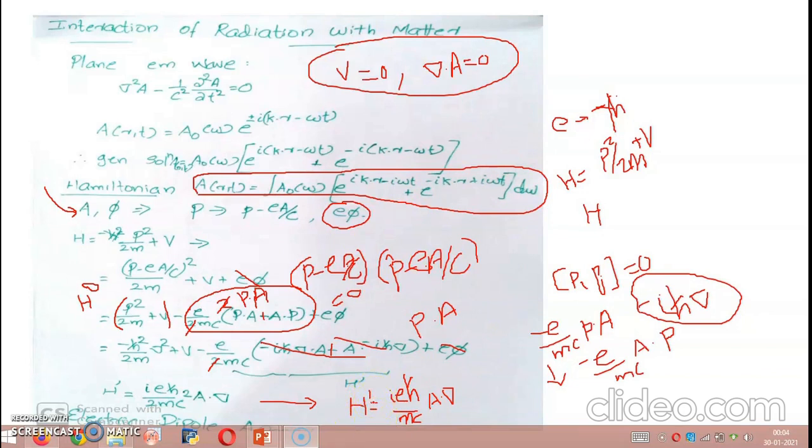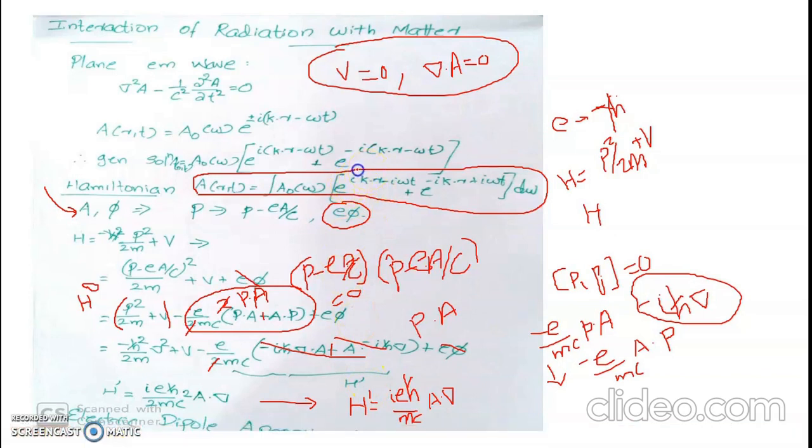And generally, we will be interested in analyzing the interaction of electromagnetic radiation in the visible range with matter. For the radiation in the visible range, there can be an approximation for this term e raised to plus or minus i k dot r. We will make that approximation here.